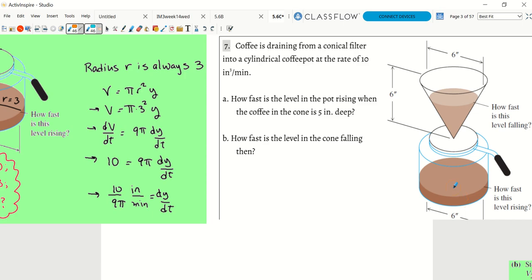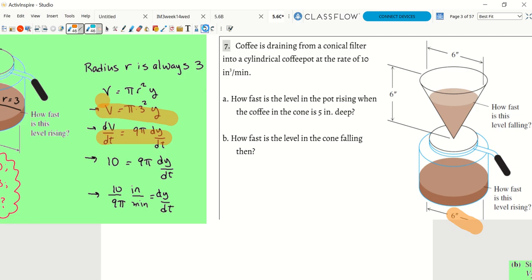Now r is always going to be 3, which is half of this 6, so they just plug that in right away. And when you take the derivative of this, you're going to get this. Remember, V becomes V prime, y becomes y prime.